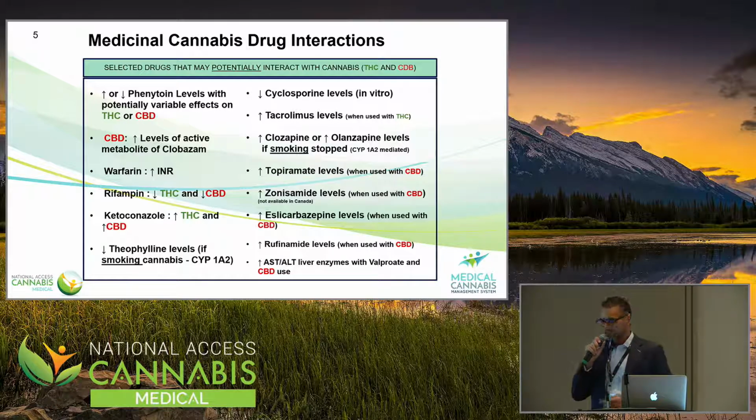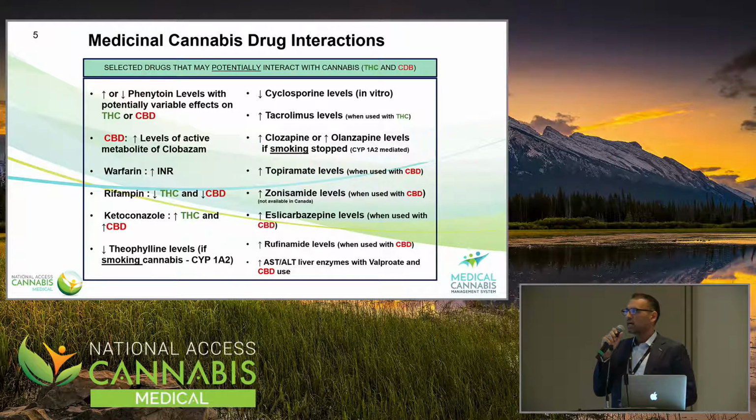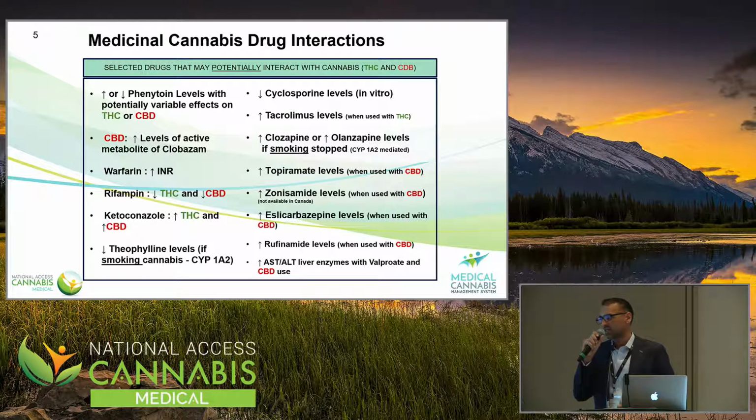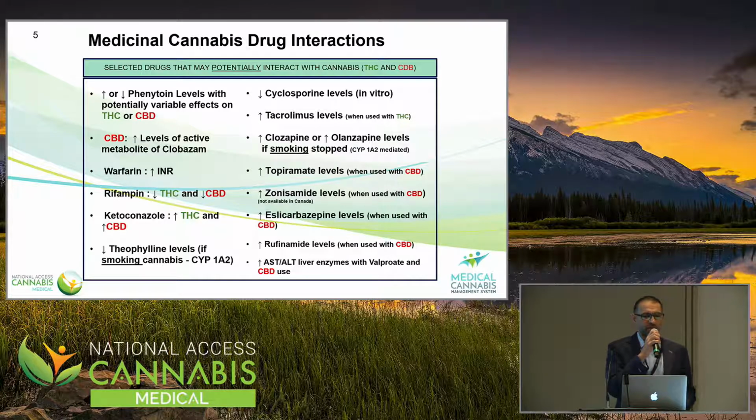Now, what I've done here is I've basically put the drugs that have had case reports or documented evidence that they have an interaction with THC or CBD. What you find in this area is a lot of theoretical interactions. A lot of enzymes will be listed, 3A4 and 2C9 and 2C19 and 2D6, and then every drug in the book that is going to be processed through those enzymes is listed as a potential interacting medication.